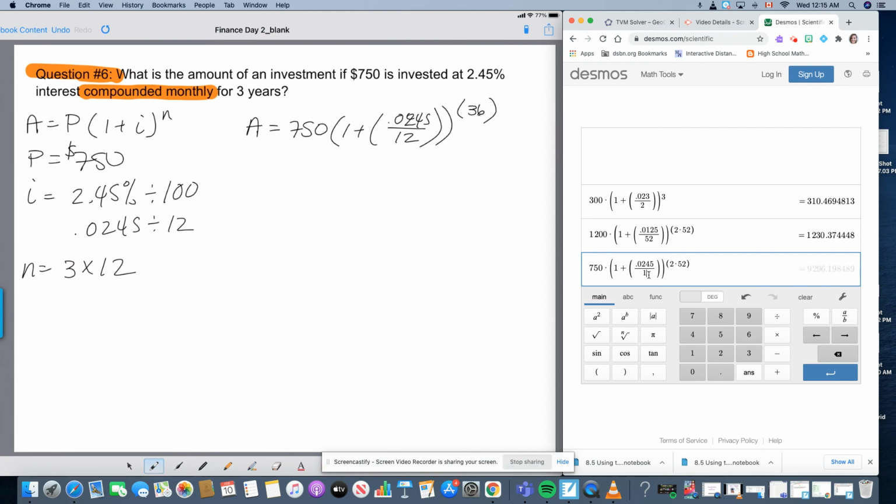This is going to be 12. And this is going to be raised to 12 times 3, if you don't know, is 36. Okay. So our A is going to be $807.14. Okay. So that's how you do question number 6.